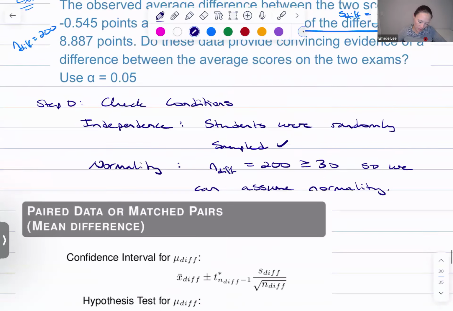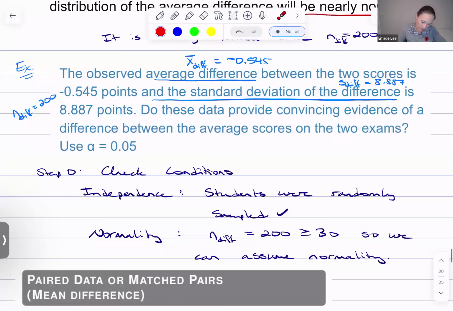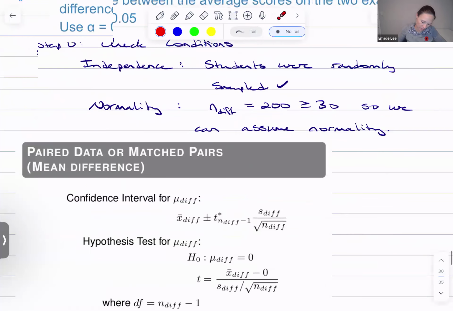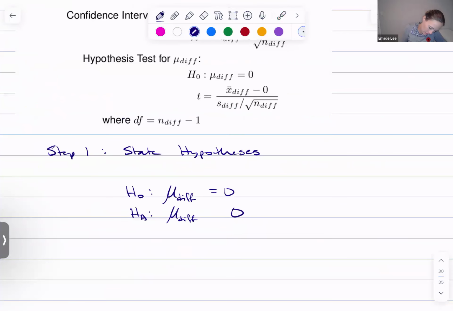And from the question, I want to make sure that I get the right sign. Do these data provide convincing evidence of a difference between the average scores? So I want to know if they're not equal to 0, which makes this a two-sided test.